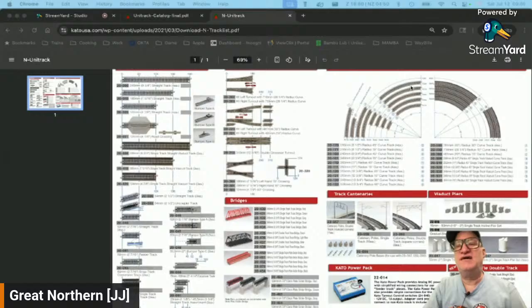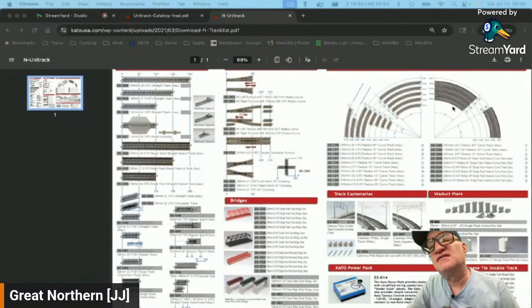And they do have this shown where you can see 45-degree ones here. These, I believe, are all the pieces that are available for viaduct. I can't read all of that, but these are single track viaduct. And then they have smaller pieces here.